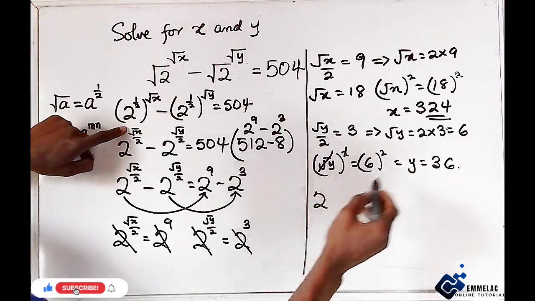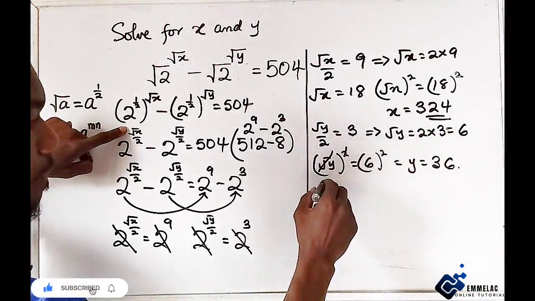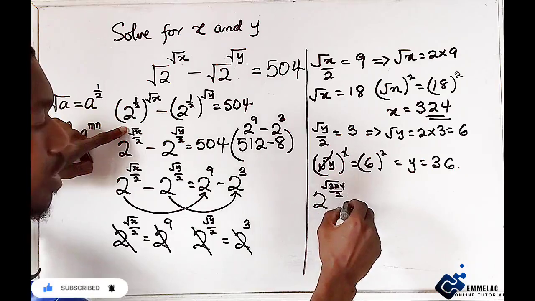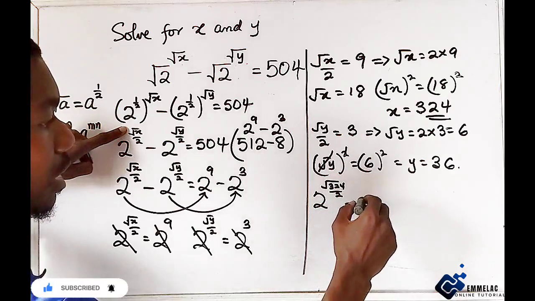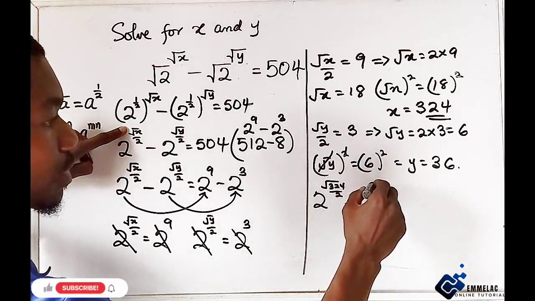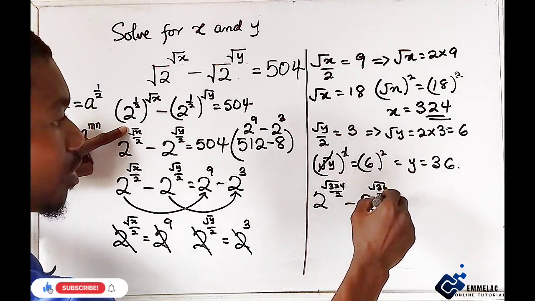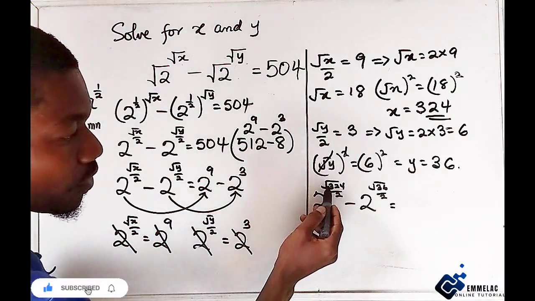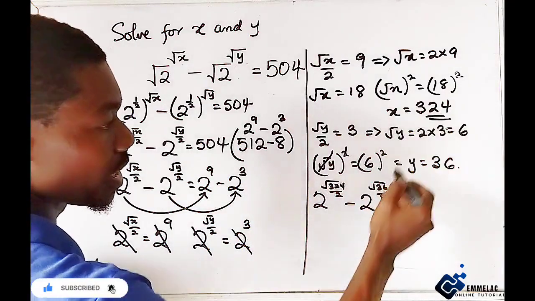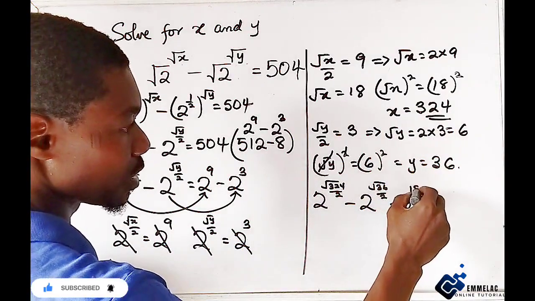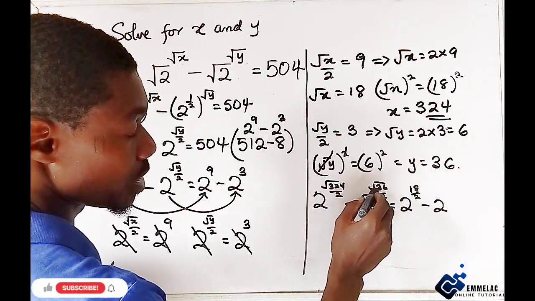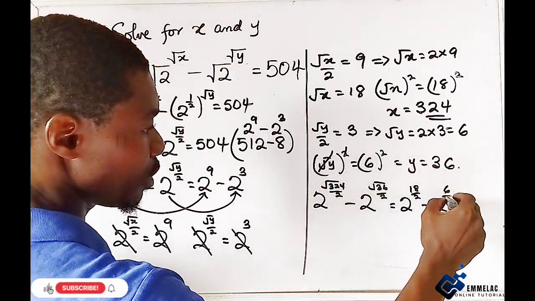Now to this end, if you come over here, you apply it: 2 raised to the power of the square root of 324 all over 2, minus 2 raised to the power of the square root of 36 all over 2. Since the square root of 324 gives us 18, we have 18 divided by 2, then minus 2 raised to the power of the square root of 36, which is 6 all over 2.